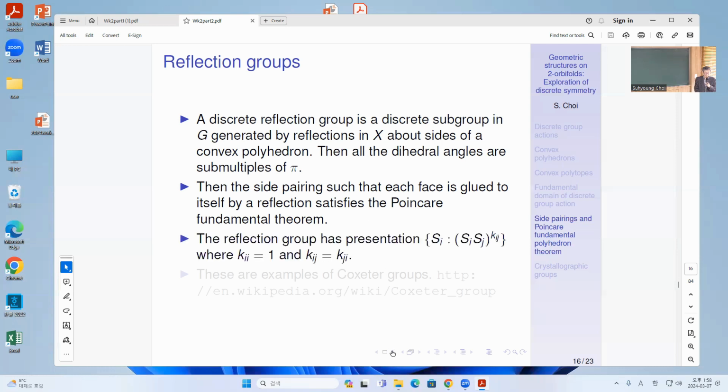Because of this submultiple condition, you get this relation, and this will generate a discrete group by the Poincare fundamental theorem. So you can look at examples of Coxeter groups like this. If the faces do not meet, then they don't have any relation, or the k_ij is infinite.